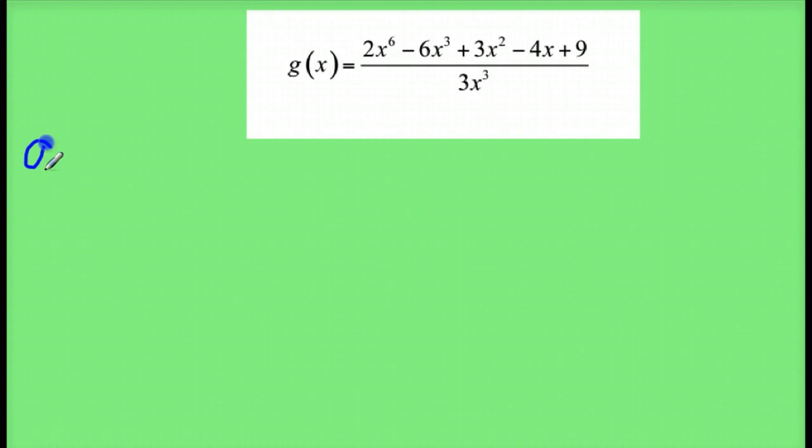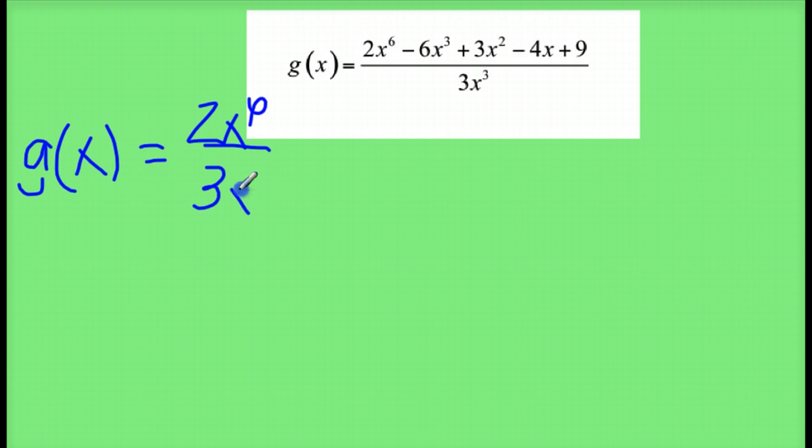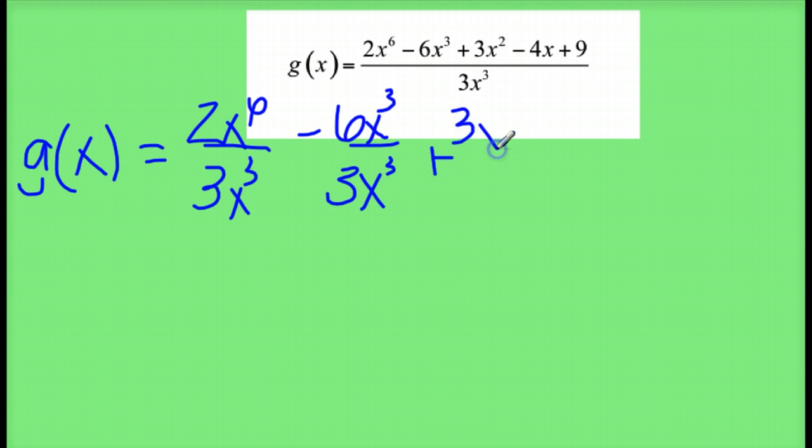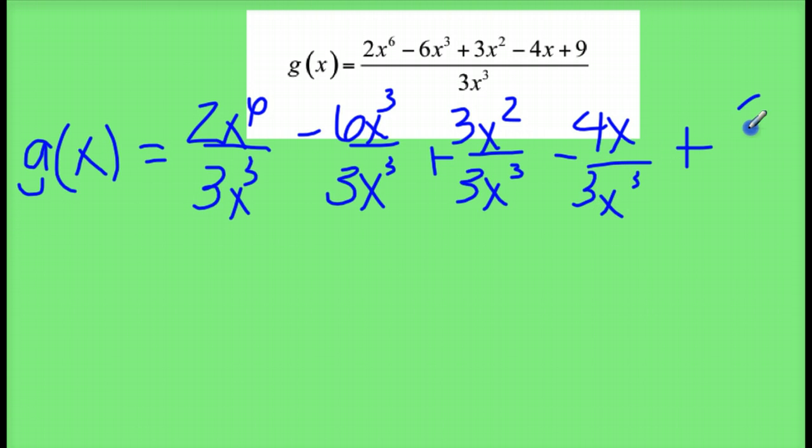So if I rewrite this, we have g of x is equal to 2x to the 6th over 3x cubed minus 6x cubed over 3x cubed plus 3x squared over 3x cubed minus 4x over 3x cubed plus 9 over 3x cubed.